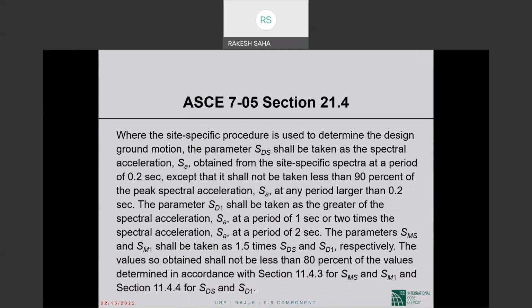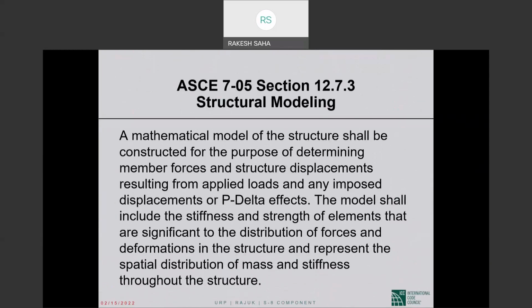And when you establish a spectrum by site-specific analysis, what would be your spectral acceleration, S sub A? Okay? And how would you figure out your S sub DS and S sub D1? All of that is said in these pages that I'm not going through.